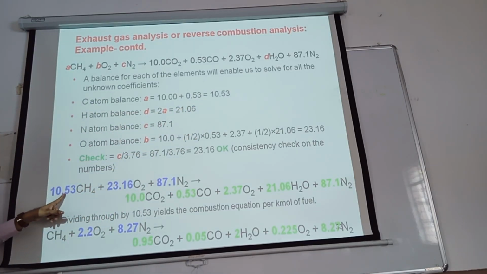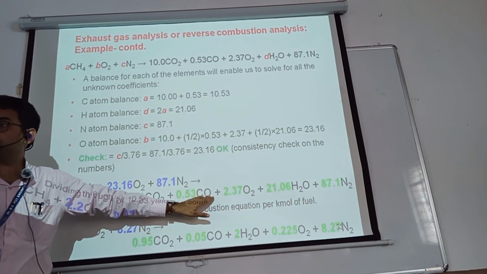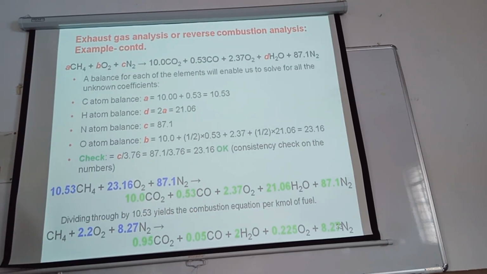So we have written the equation. This reaction is for 100 kilomole of products without H2O. But when I divide the whole reaction by this, I will get here 1. That means this is the same reaction, but with 1 kilomole of fuel.